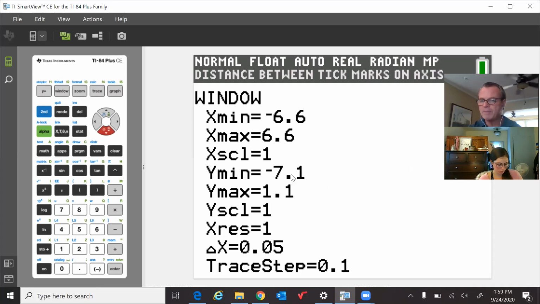Now, your window may be different. Like if you have the older calculator in Zoom 4, you go from -4.7 to 4.7, and from -3.1 to 3.1 for your Ys. This calculator is newer. It has better resolution. It has more pixels. But either way, you can still slide it.